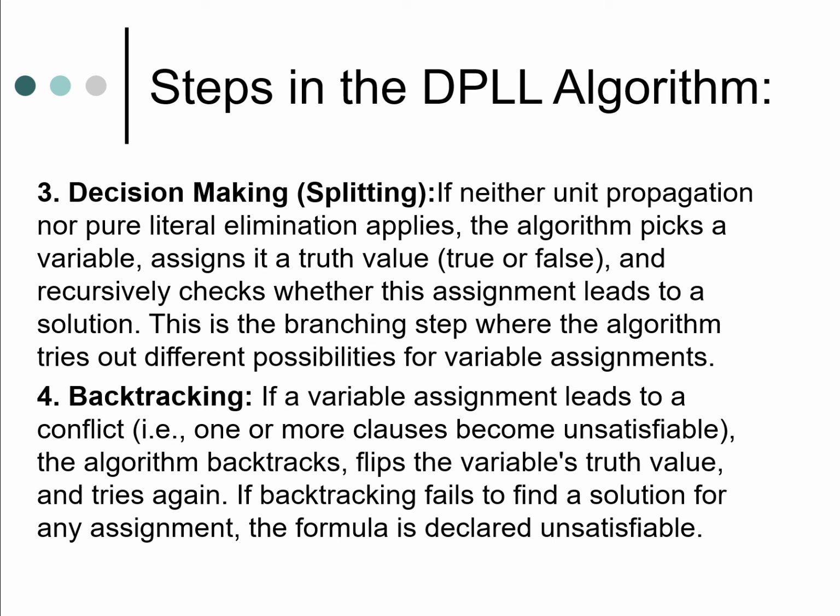For example, if you find a false in one clause, you can backtrack and flip the variable's truth value from false to true, and then try again. Even if backtracking fails to find a solution for any assignment after flipping, we can declare the formula unsatisfiable.